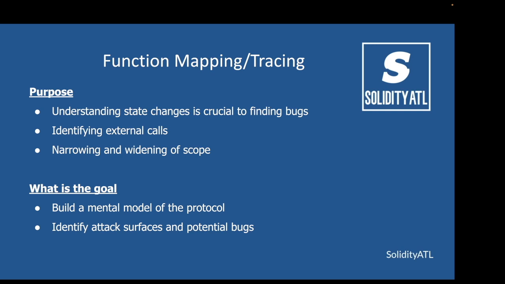Main goals here are build a mental model of the protocol. So this is one way you can help really solidify your understanding, but also identify attack surfaces and potential bugs. And attack surfaces are just what areas of the code can you poke with certain data to exploit.